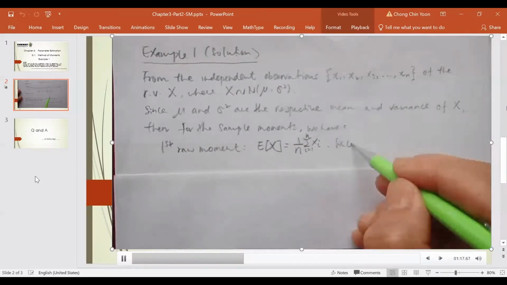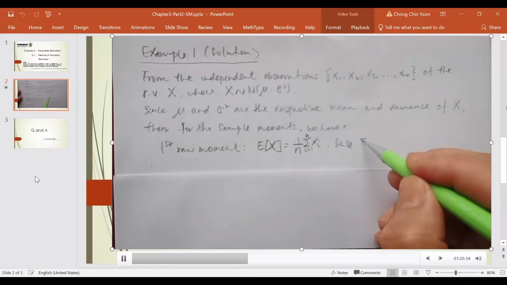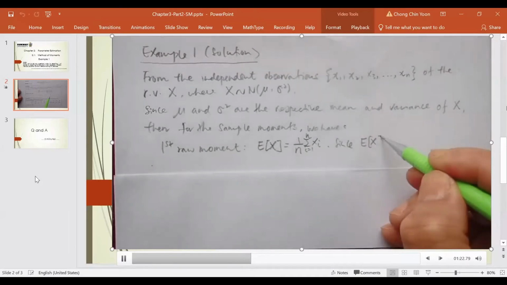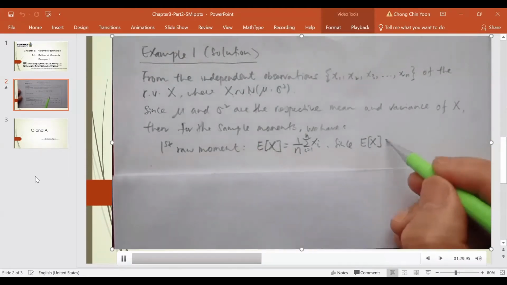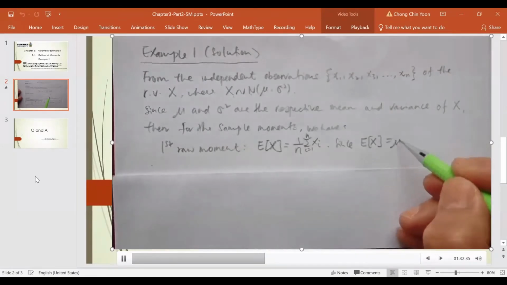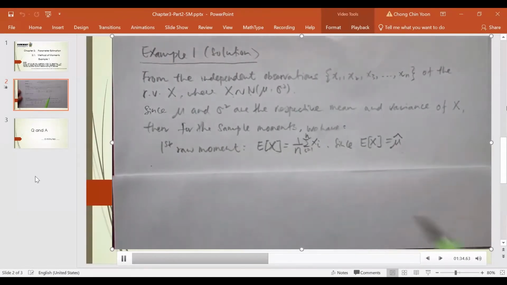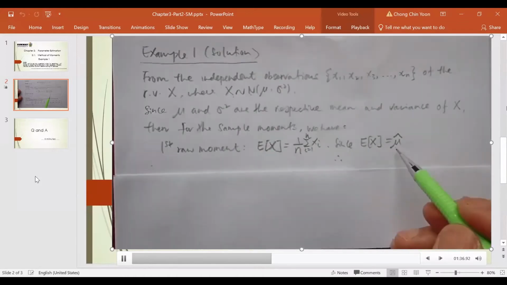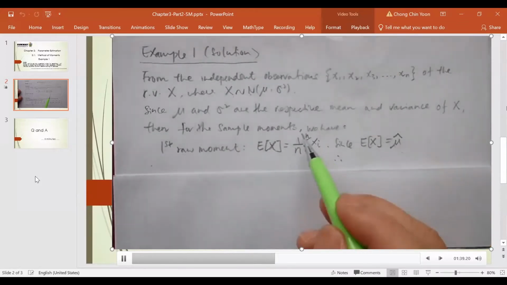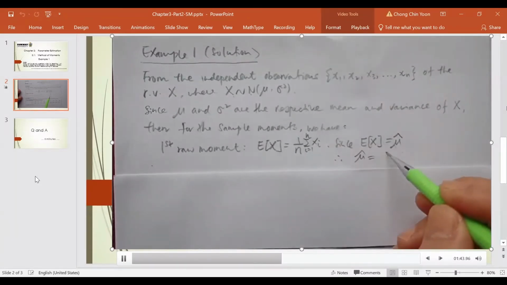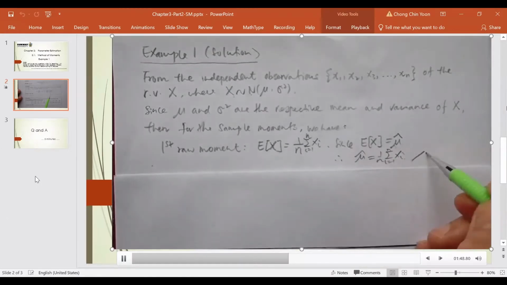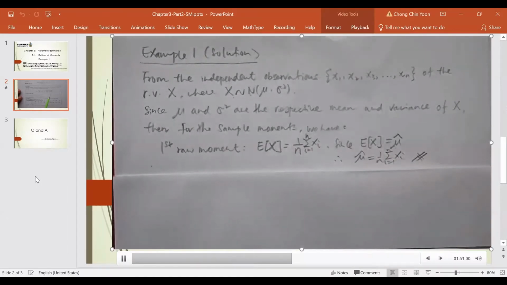Now, since the expected value of this random variable X of the normal distribution equals the estimate of mu, this estimated mu will be equal to this result. So we prove the result.